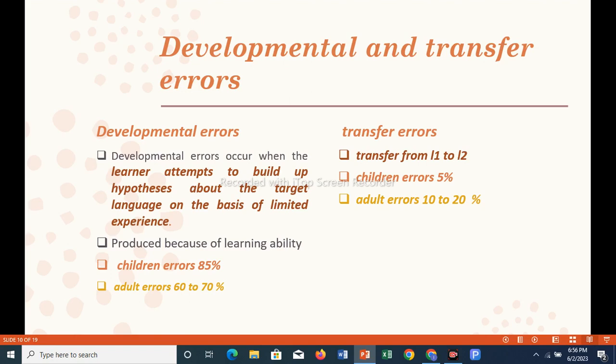And the adult produces errors of about 10 to 20%, which means that adults have much influence of their first language while learning the second language. So it is proved that if a child learns the language while he is young, he can be more proficient in multiple languages, and such children have more cognitive and developmental skills.